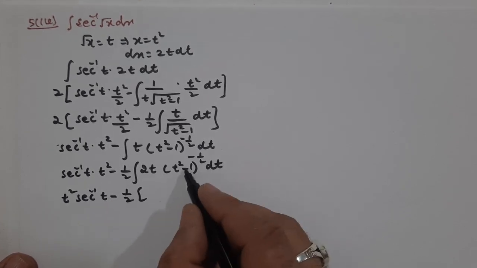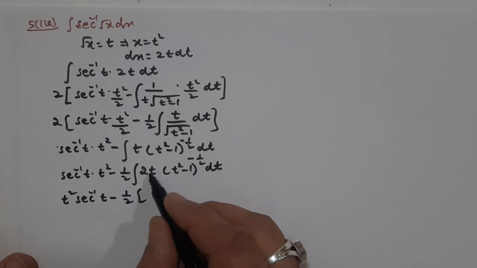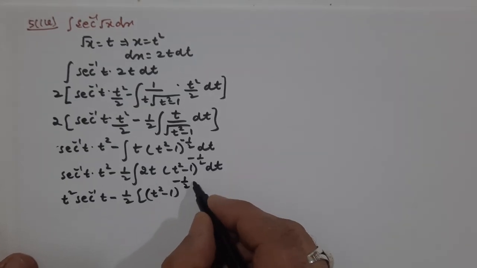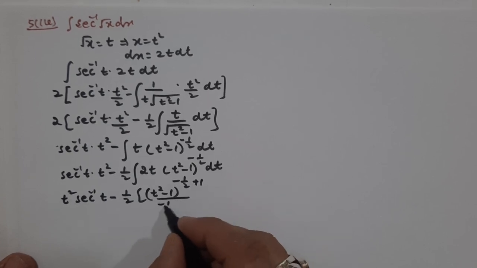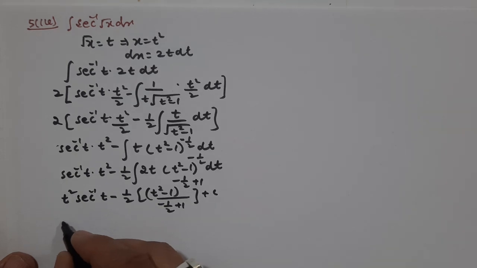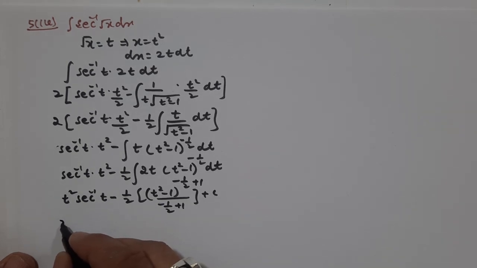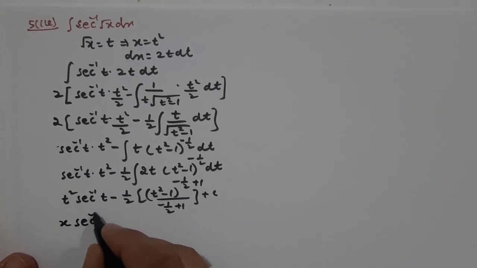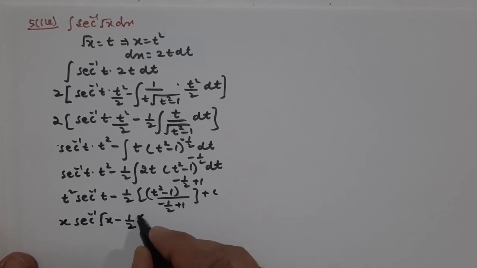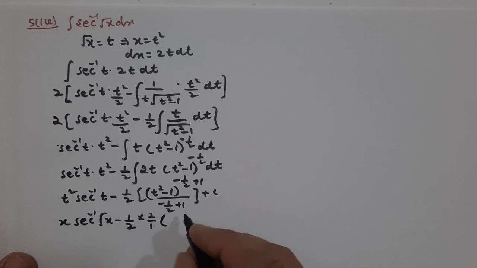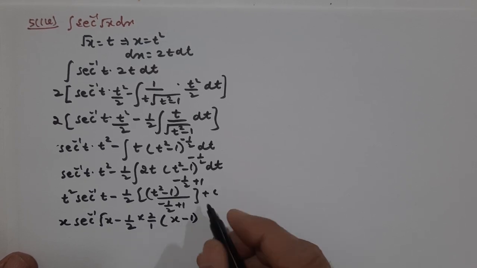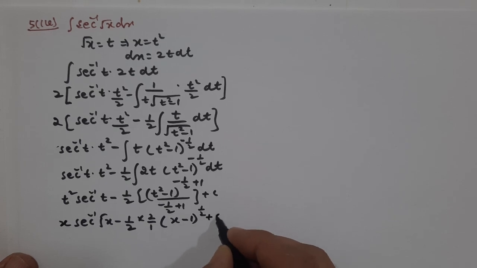Now this is the function and 2t is the derivative. So what we do? t square minus 1 power minus half plus 1, upon minus half plus 1, plus c. Now putting the value of t is root x, square is x, secant inverse root x minus half, and this is equal to 2 by 1, and t is x minus 1, this is power half, plus c.